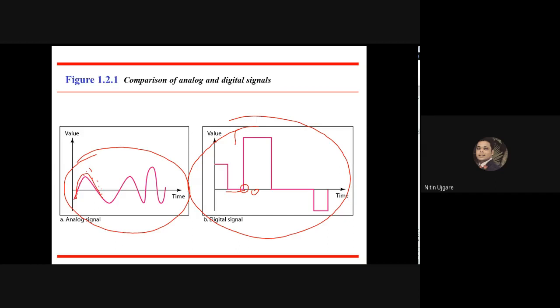So there is a sudden change in the value of the signal from 0 to 1, or from 0 to some x value. That is the important difference between the analog signal and the digital signal. So what is an analog signal? An analog signal contains an infinite number of values, whereas the digital signal has discrete values.